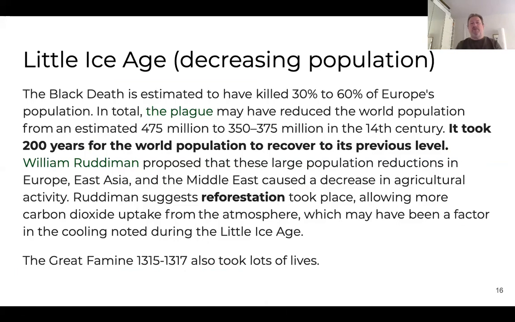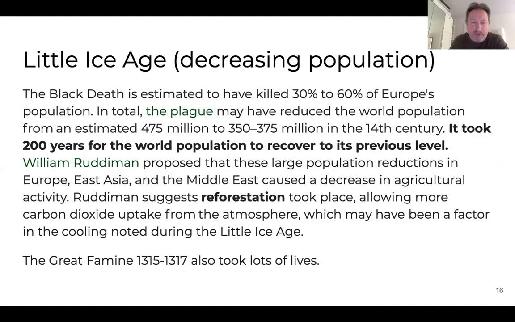So decreasing population was a feature of the Little Ice Age, unlike now. We have a population bomb now. The Black Death is estimated to have killed 13 to 60% of Europe's population.